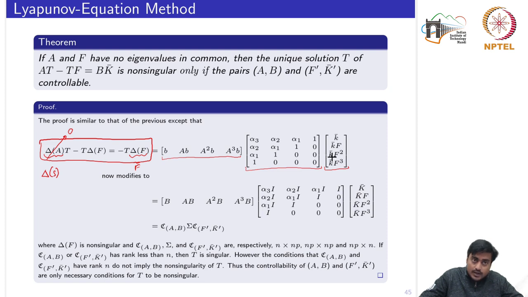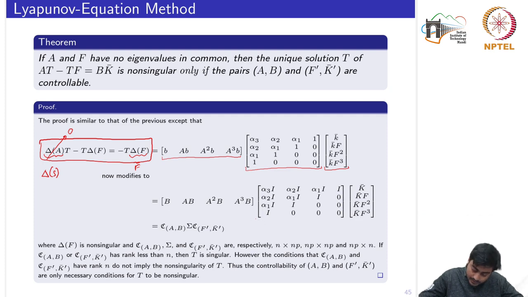Similarly, all the small k bars would change into the capital K bars, and all these ones would change to the identity matrix of appropriate dimension. So this can be represented finally as the controllability matrix of the pair (A, B) times some sigma matrix, times the controllability matrix of the pair (F transpose, K bar transpose).